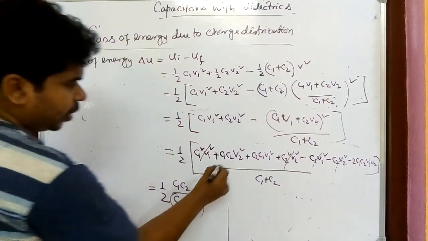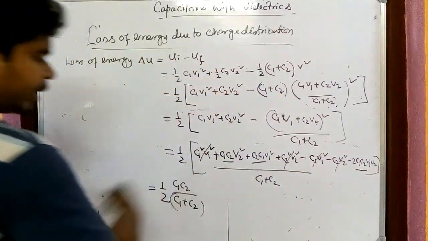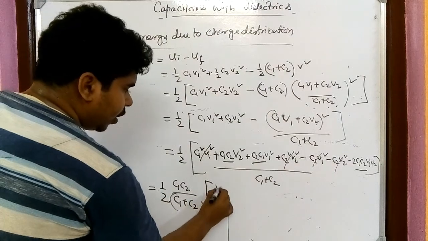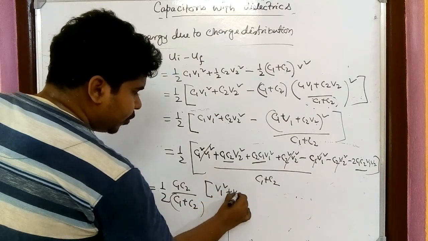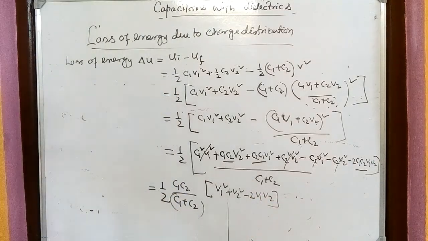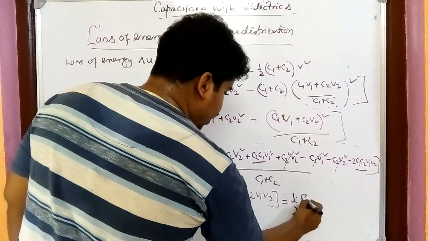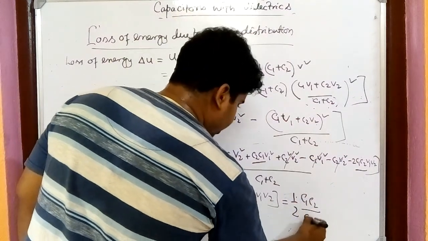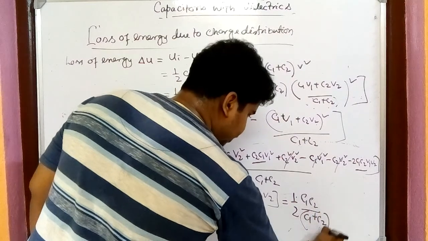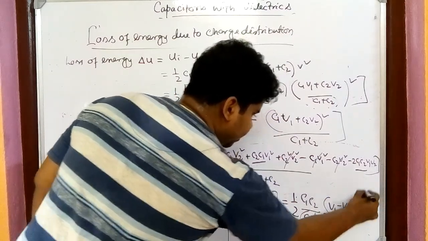So from here you see C1 C2, C1 C2, C1 C2, I can take common. It is coming V1 square plus V2 square minus 2 V1 V2. So A square plus B square minus 2AB is A minus B whole square. So that equation will come: half C1 C2 by C1 plus C2 into V1 minus V2 whole square.